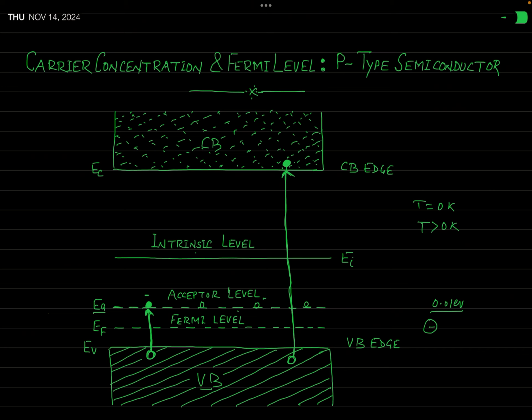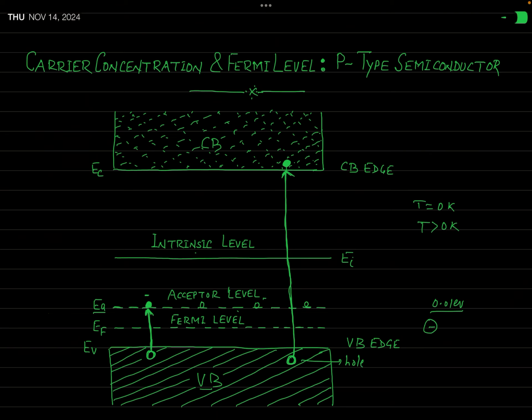This is called the thermally generated electron, and this thermally generated electron also leaves holes in the valence band. I have marked here, you can see by this circle, this is a hole which is thermally generated.